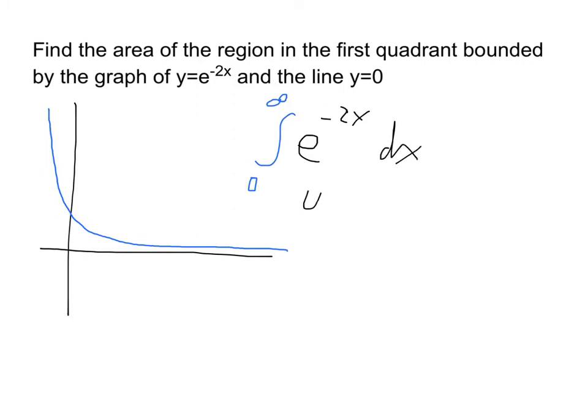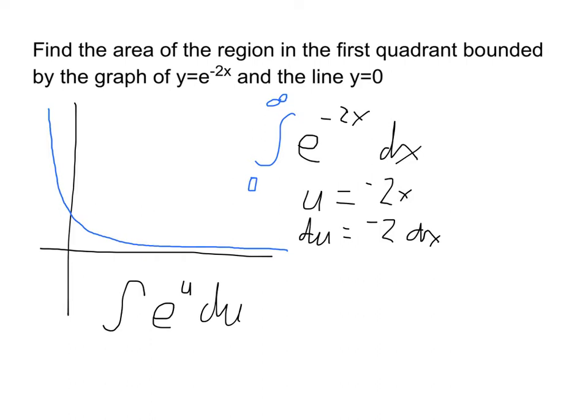This is some u sub, so we're going to let u equal -2x. du then is -2 dx. So our integral is going to be e to the u du. When doing u sub, and I know it's been a while, we do need to change our bounds.